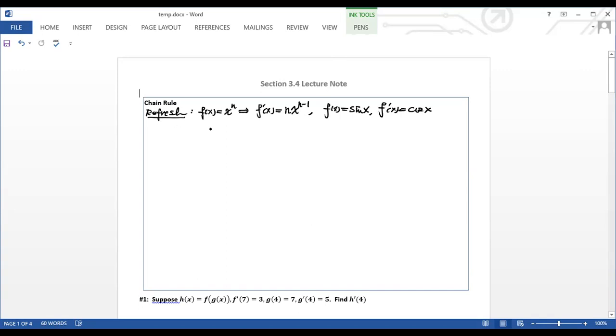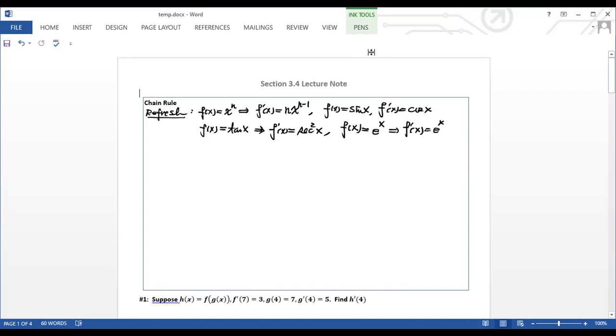Or if f of x is equal to tangent x, from our previous lecture, we know the derivative f prime x will be secant squared x. Or, we learned the derivative for the exponential. If f of x is equal to e to the x, then f prime x is equal to e to the x, just itself.